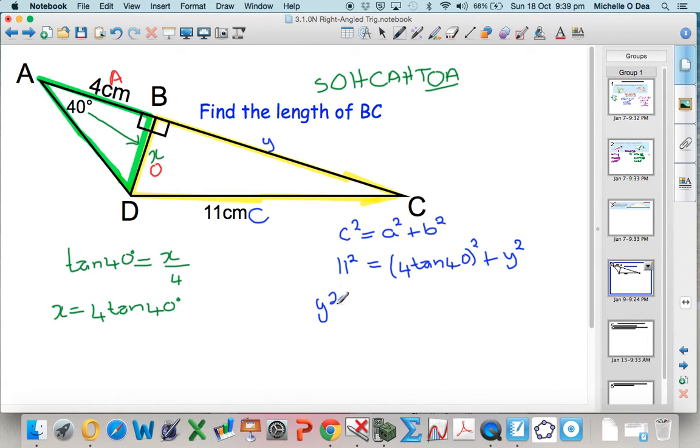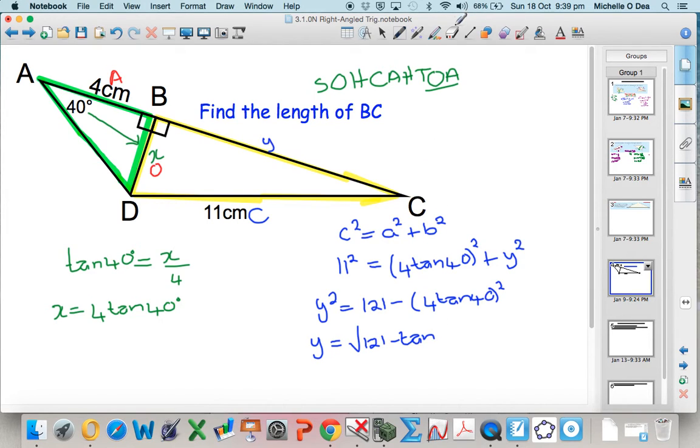So just rearranging that because we want y to be the subject. I know 11 squared is 121, minus that big mess there, 4 tan 40, all squared. I'm still not going to pick up the calculator. I'm going to try and use it in the very last step. If I have y squared, I want y by itself, so I do the inverse operation. I take the square root. Now you must take the square root of everything, remember.